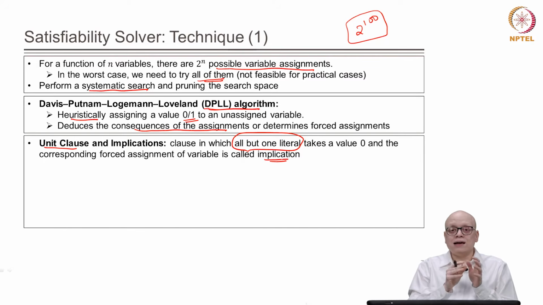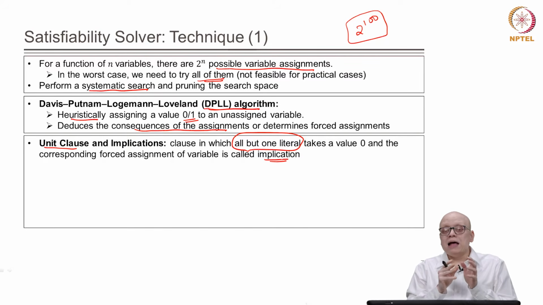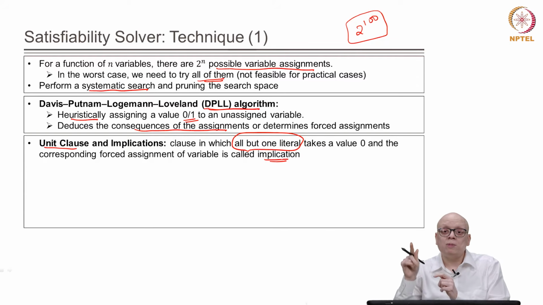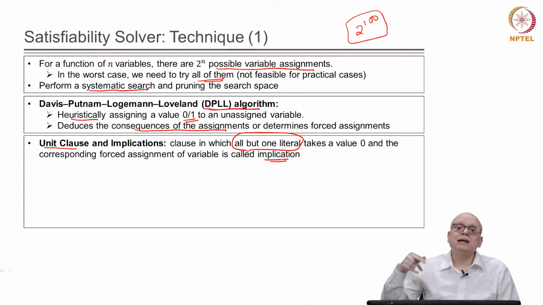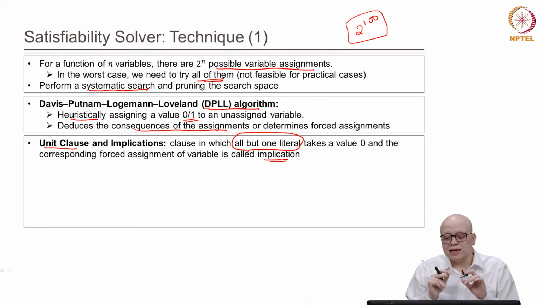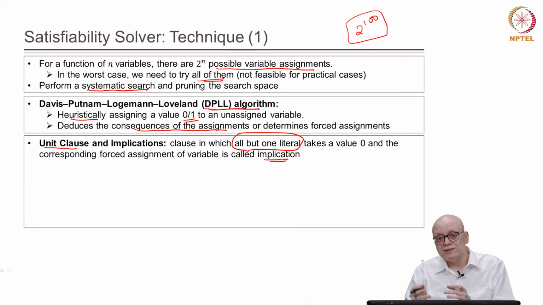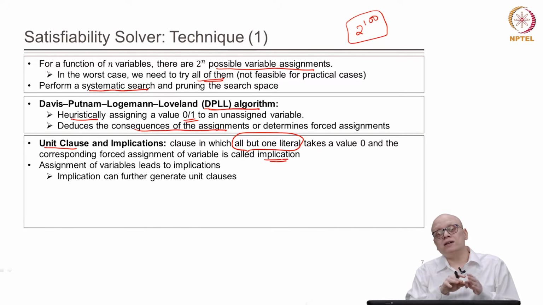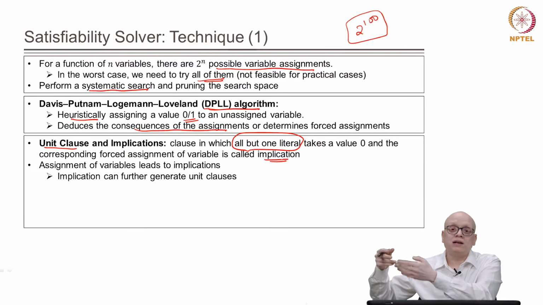Once we assign 0 or 1 to a group of variables, there can appear a clause in which all the literals are taking the value 0 except one. Then we know that the unassigned variable will take either 0 or 1 based on its polarity, right. So, the corresponding forced assignment is known as the implication. Assignment of a variable leads to implications, and an implication can further generate unit clauses and implications, right.